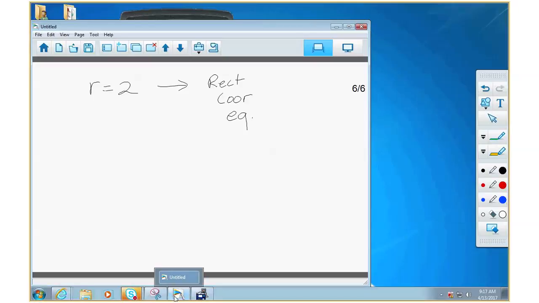I want you to do it using the conversion formulas: x equals r cosine theta, y equals r sine theta, x squared plus y squared is equal to r squared, and the last one, tangent theta is equal to y over x. You've got to use one of them.